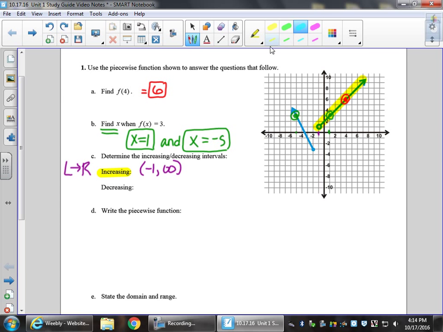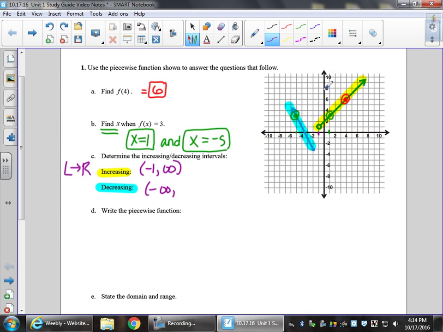So now we look for decreasing. Again, left to right, decreasing, going down. So there is my decreasing interval. Let me tighten up the highlighting on that. And we need the domain of that decreasing interval. I come in from the left, I hit an arrow, so I know that's -infinity. Don't be fooled by the fact that the arrow is going up.